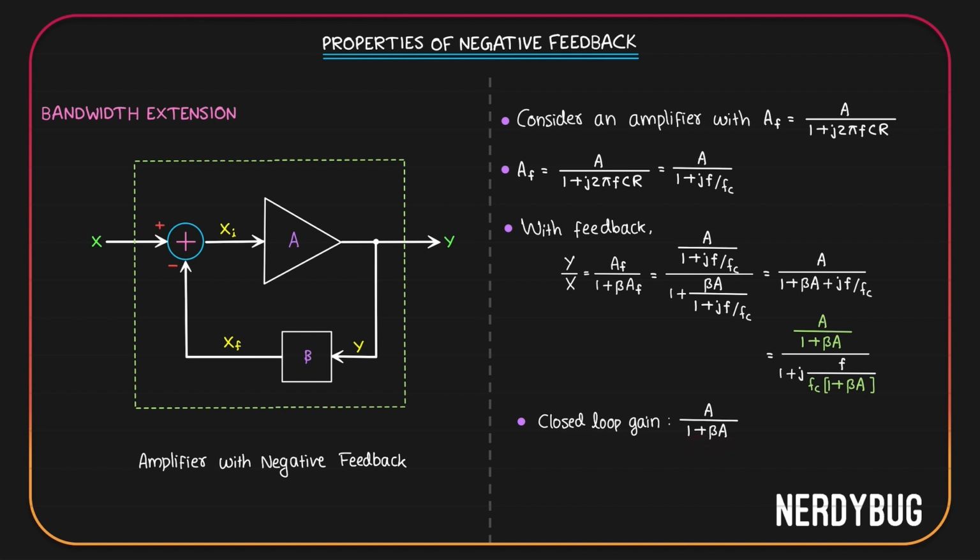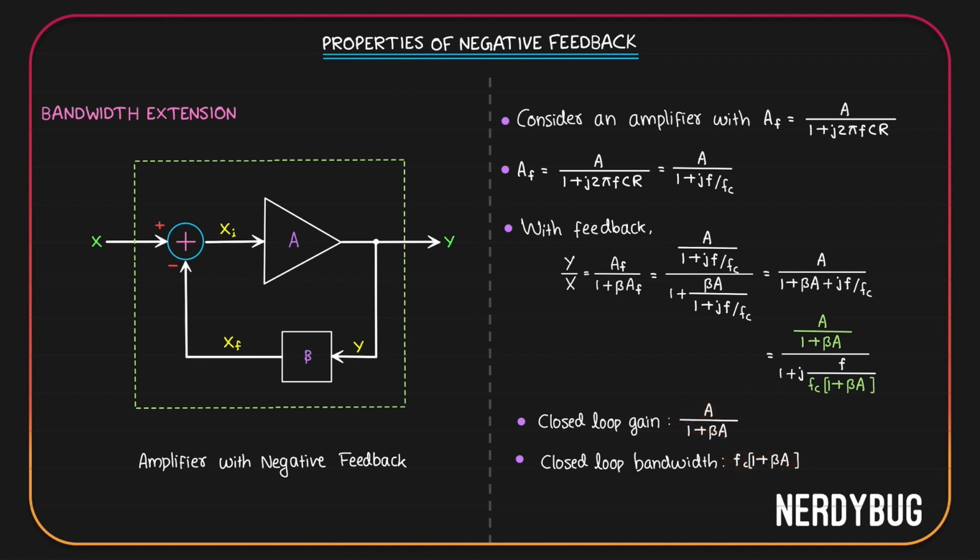What happens to the bandwidth? It gets multiplied by the same factor 1 plus beta A. There is one thing you can see here. If you take the product of the closed loop gain and the closed loop bandwidth, 1 plus beta A will get cancelled and the product will be equal to A Fc, which is the product of open loop gain and open loop bandwidth.